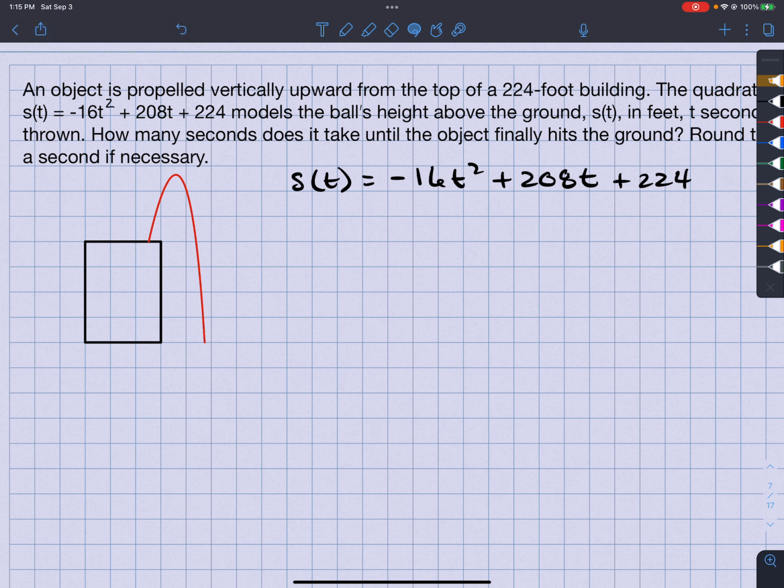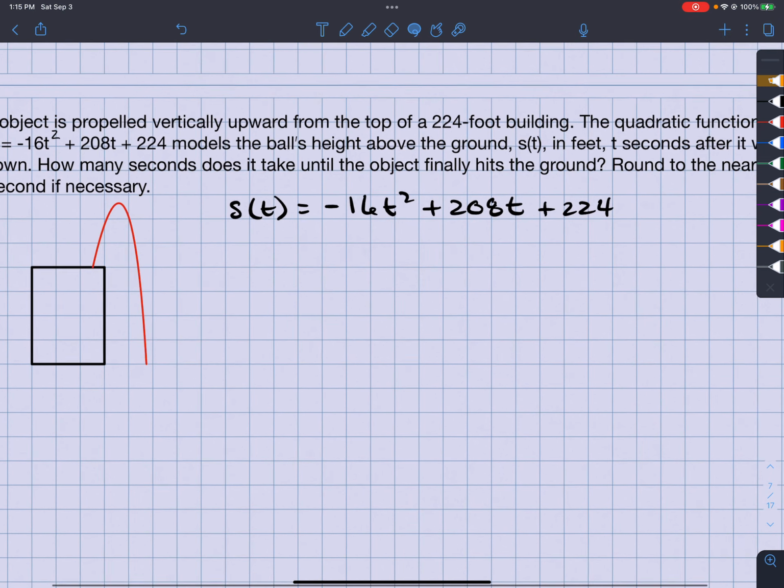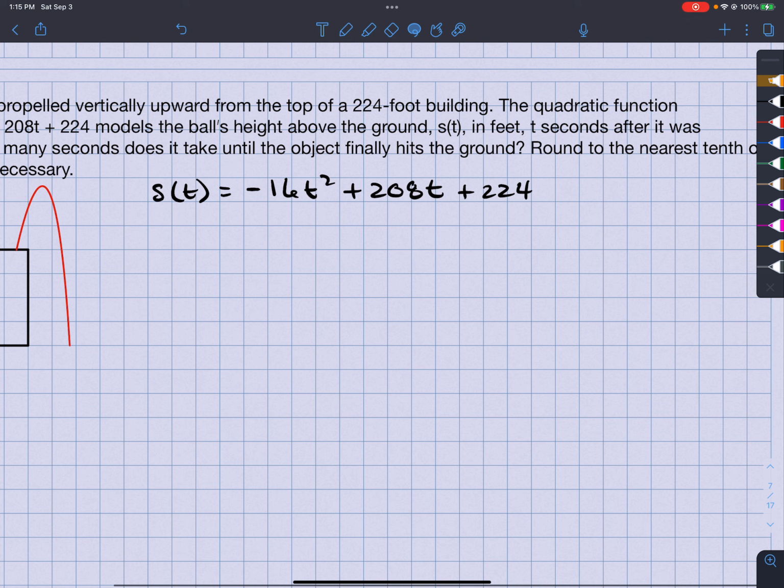Miles of ball height above the ground, S of t. So S of t is the height of ball above ground.